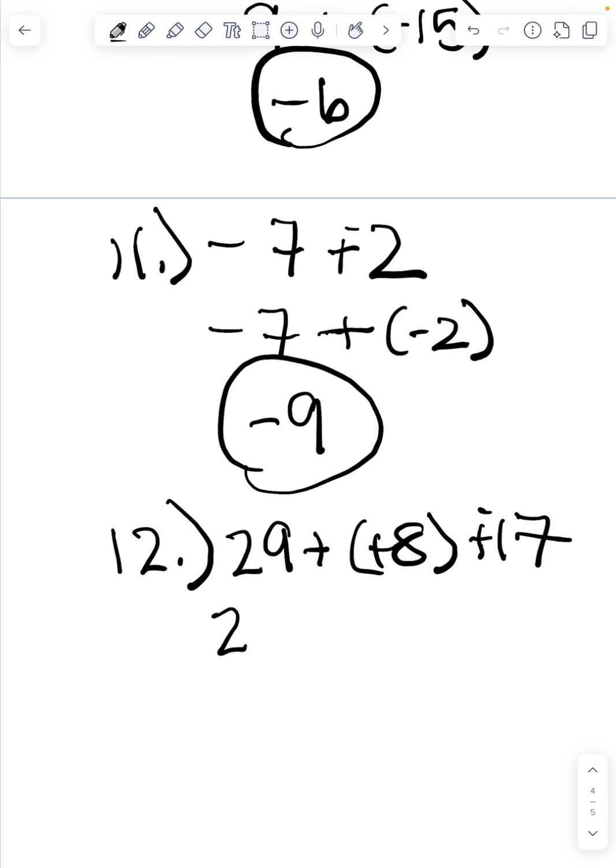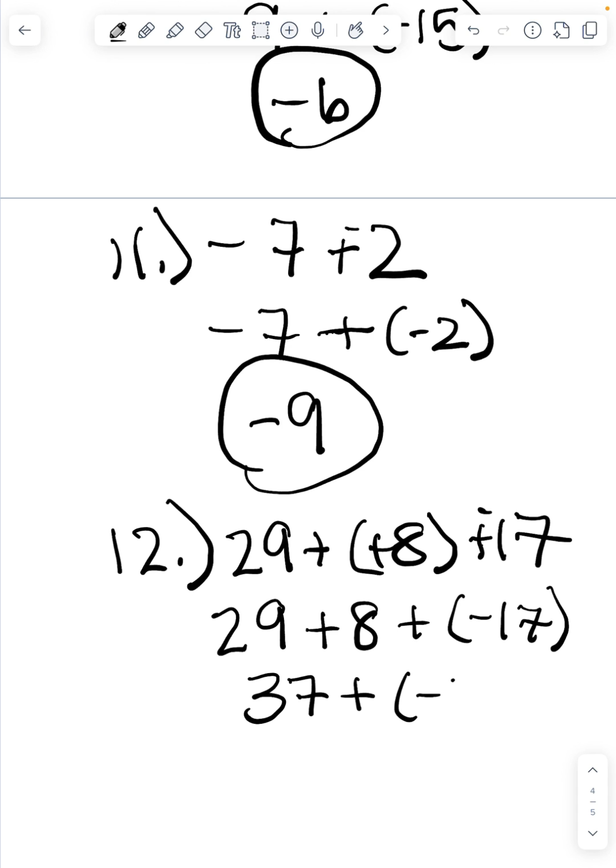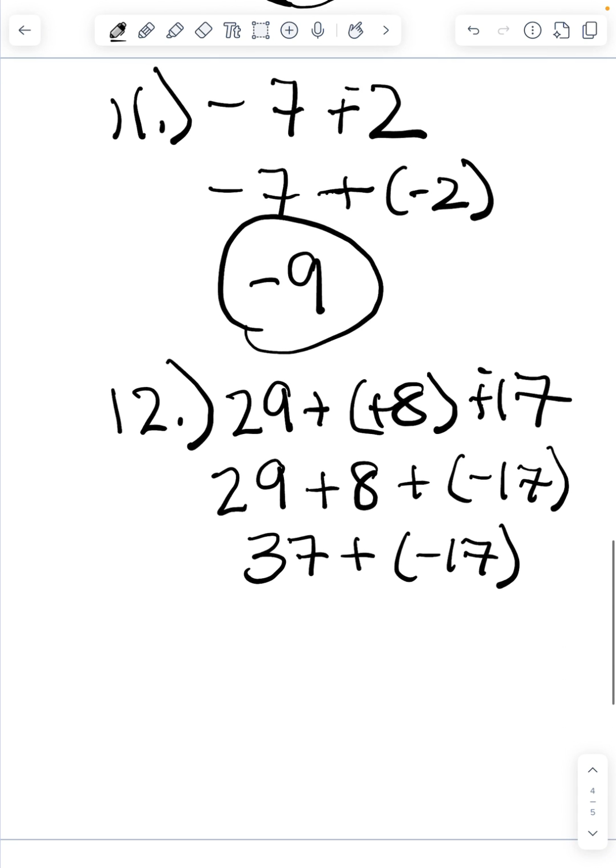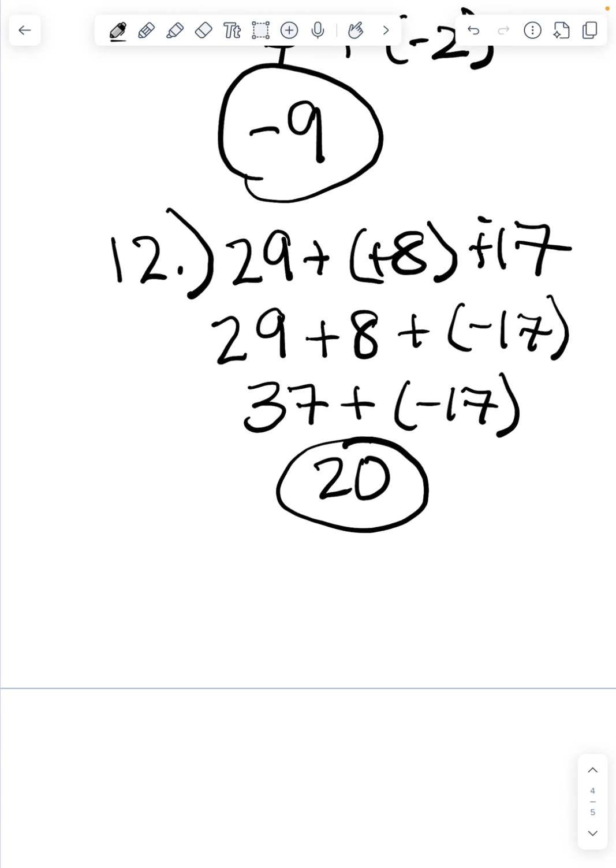So what I really have is 29 plus 8 plus -17. So 29 plus 8 is going to be 37 plus -17. Now I'm adding 2 integers that have opposite signs, so I'm going to subtract them and get 20, keep the bigger sign, which is on the 37, so it's a +20.